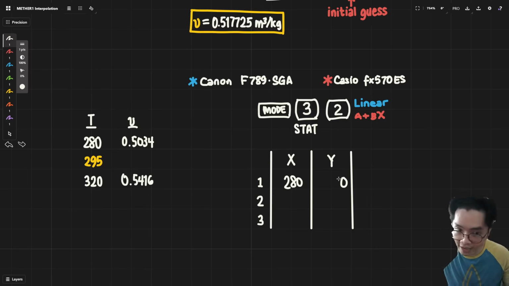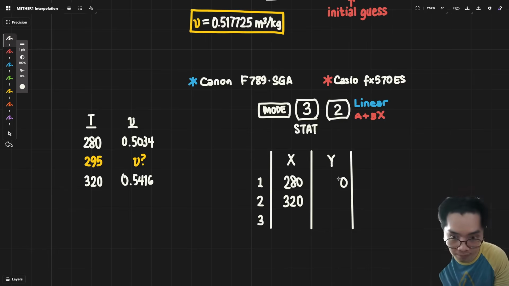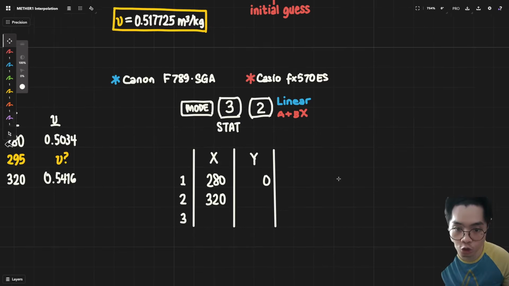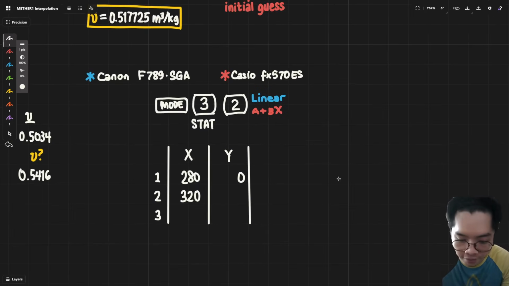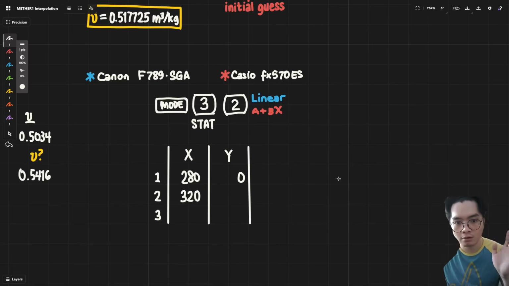So instead of getting the 295, because that's the one you want, we skip to the value that we know, which is 320. So we put in 320, we press equals, and now do not fill in the third thing. What this basically is doing is that it's trying to log different values for the points that you're going to use.